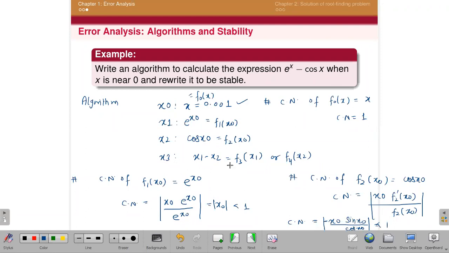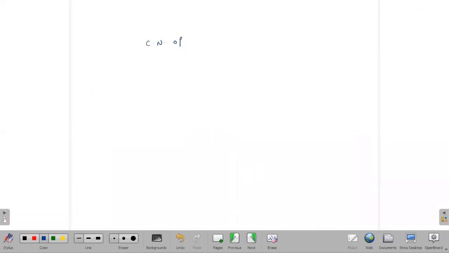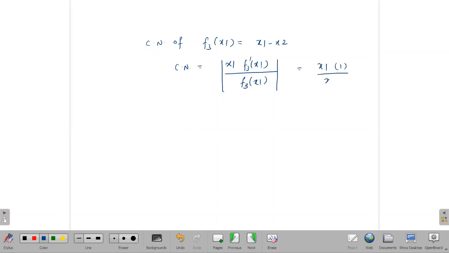Now if you look into the last step, you will get x1 if I am taking the condition number for this function. The condition number of f3 at x1, where it is x1 minus x2, will be x1 multiplied by f3' of x1 divided by f3 of x1, so x1 into 1 by x1 minus x2.